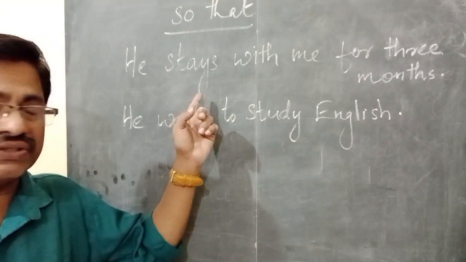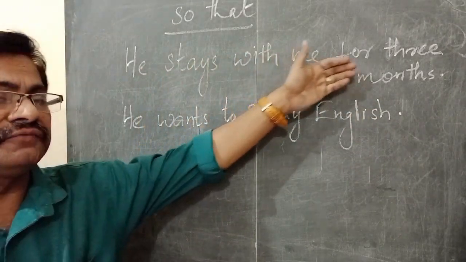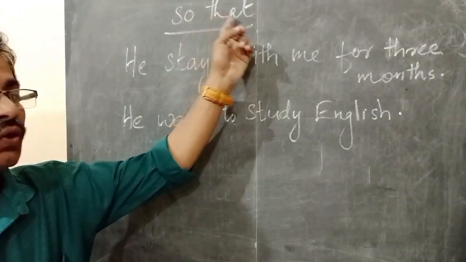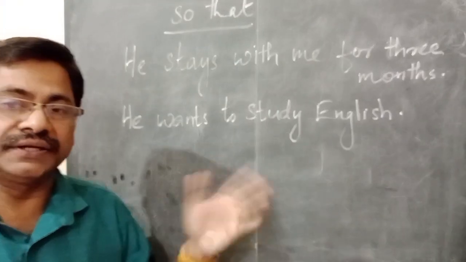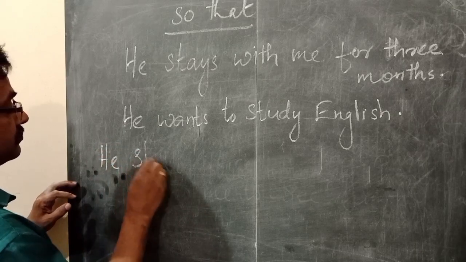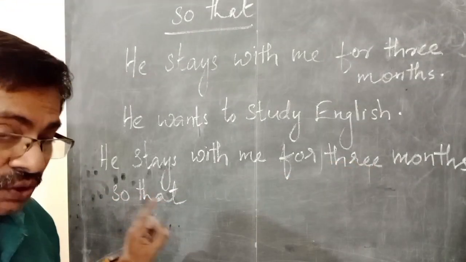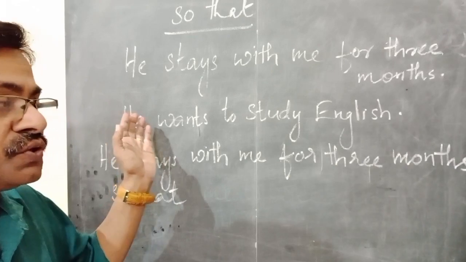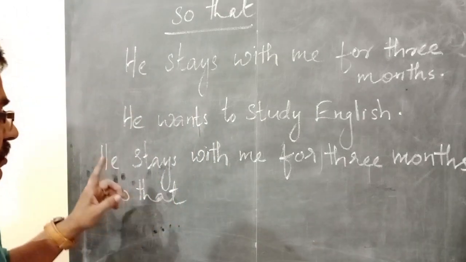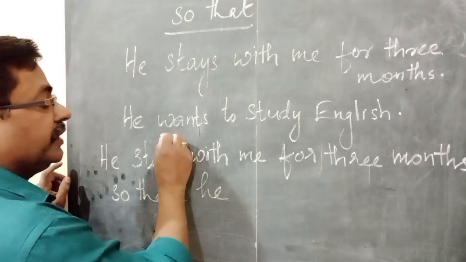So in order to write this answer, first of all you have to write the first clause: He stays with me for 3 months so that. Next, you should not write the sentence in the same way. We have to make certain changes. Definitely, so that is followed by the subject he. He wants to study.